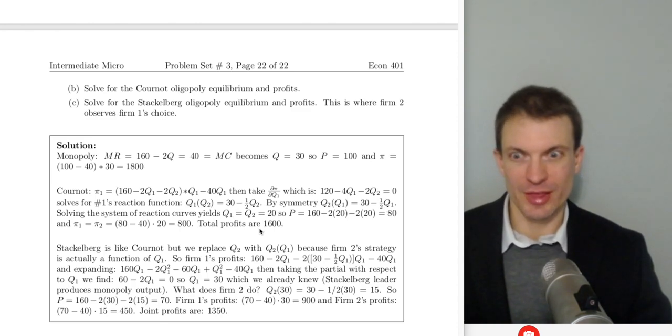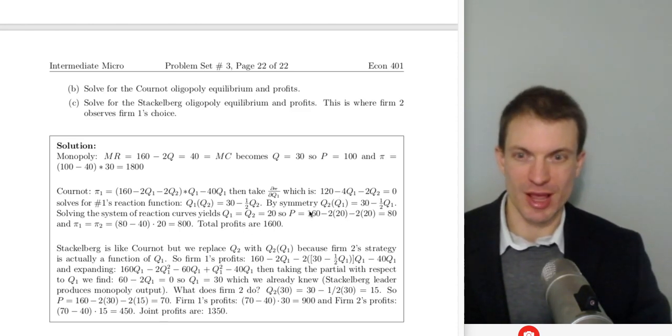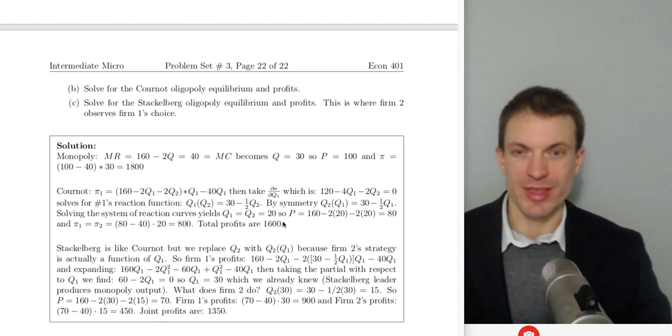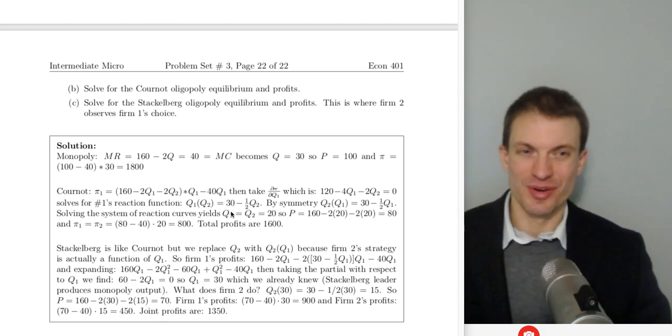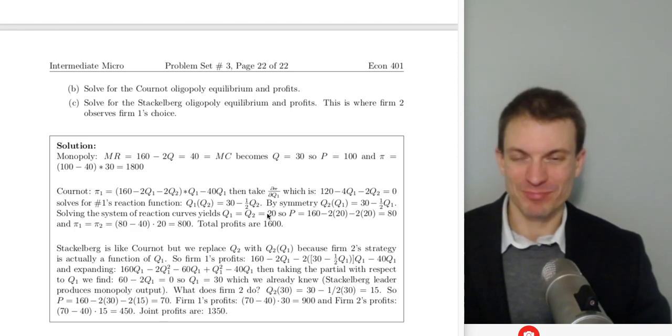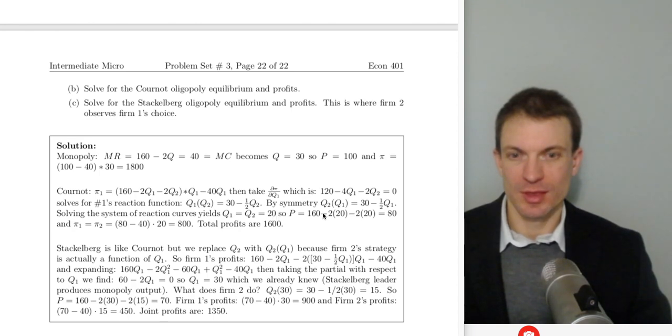Plugging one into the other, we'll solve the system of reaction curves. So rather than having Q2 here, I'll just write 1/2 times the quantity 30 minus 1/2 Q1. Solving, we'll find the optimal quantity is 20. Let's verify. 30 minus 1/2 times 20 is 10. So 30 minus 10 is 20. Got it.